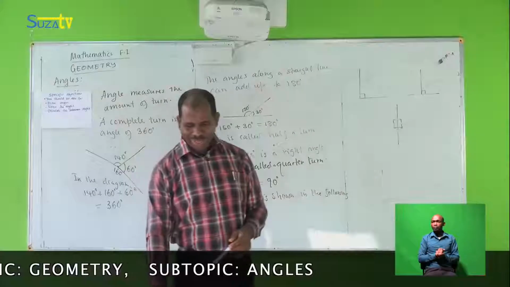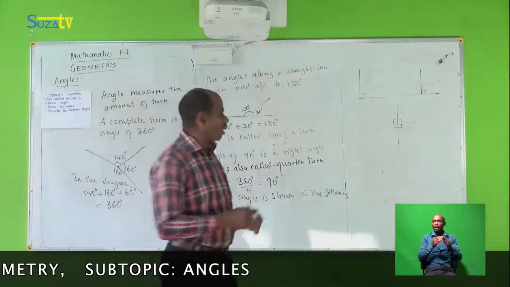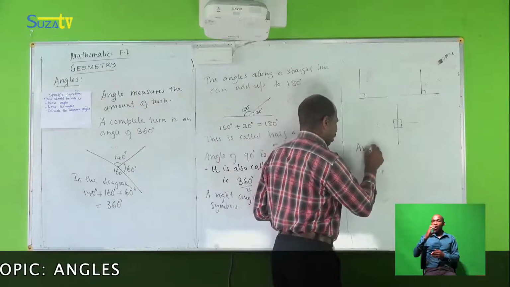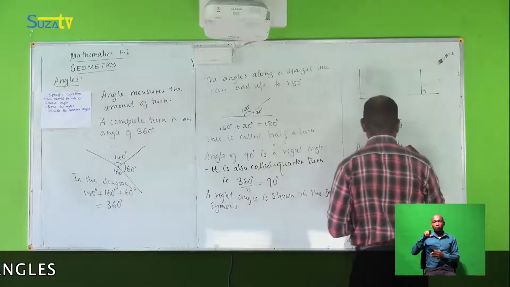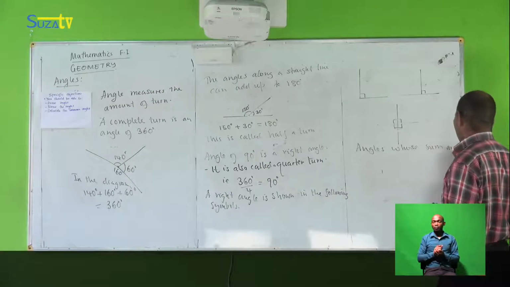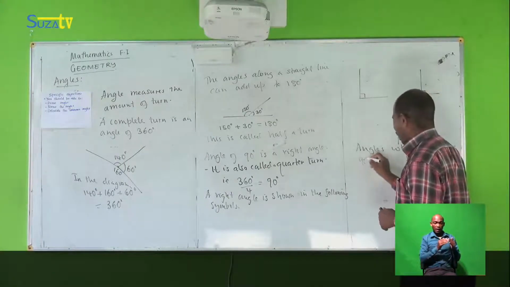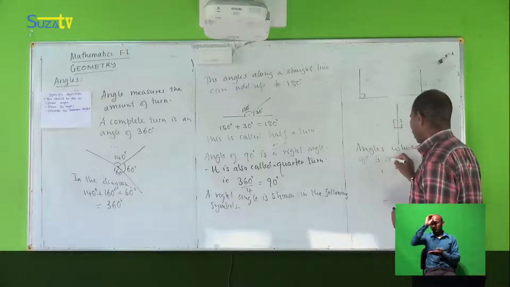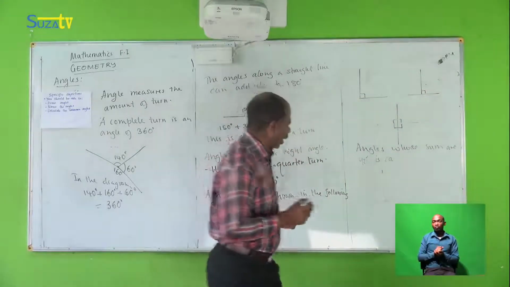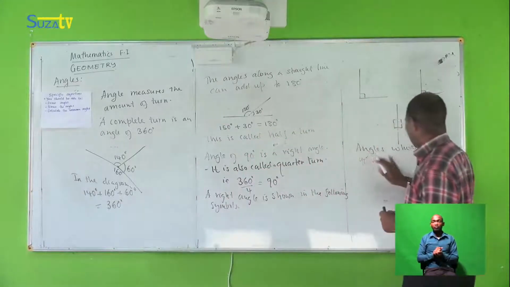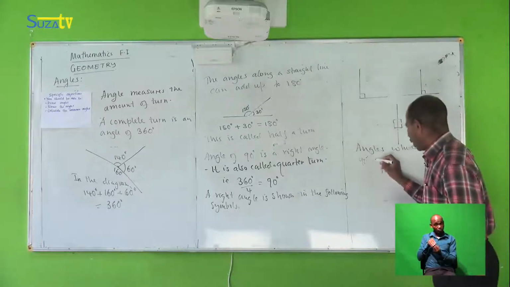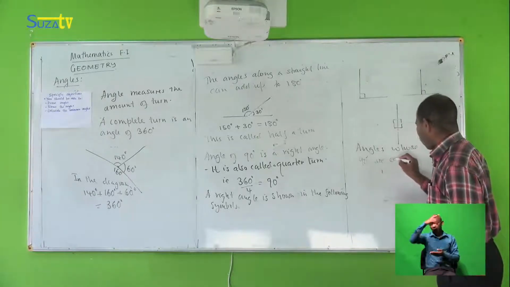Angles whose sum is 90 degrees are called complementary angles.